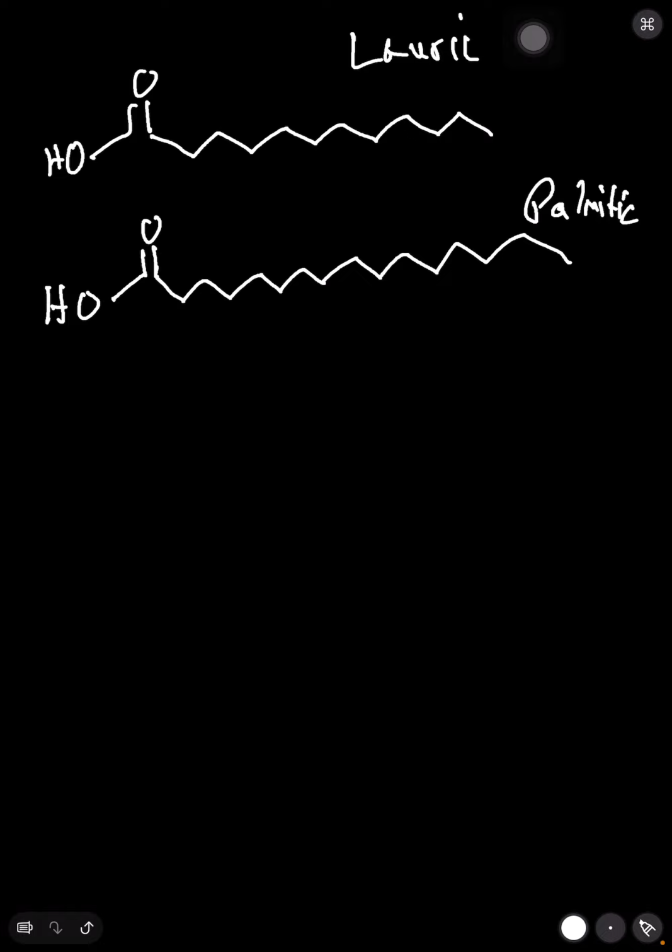So they look exactly the same. The only difference is the fact that palmitic has 4 extra carbons. So which one has the longer chain? Obviously, it's palmitic, right? Well, one of the things that we learned in organic chemistry was that the more surface area you have in a molecule, the more opportunities for van der Waals forces, right? So you could have 2 palmitic acids kind of interacting with each other.